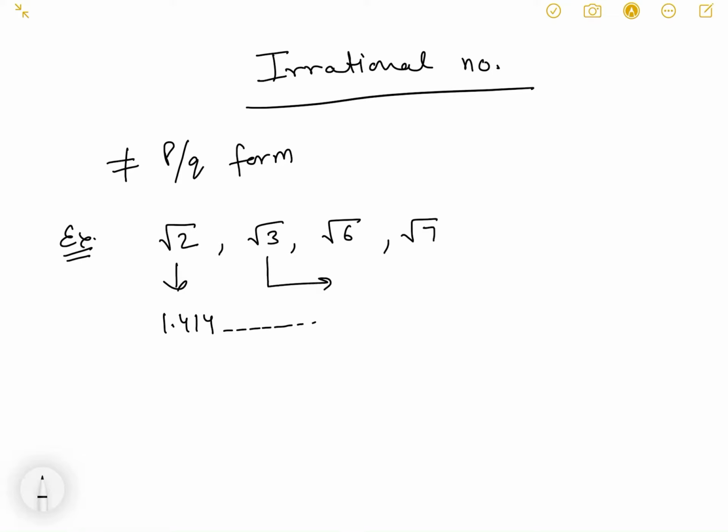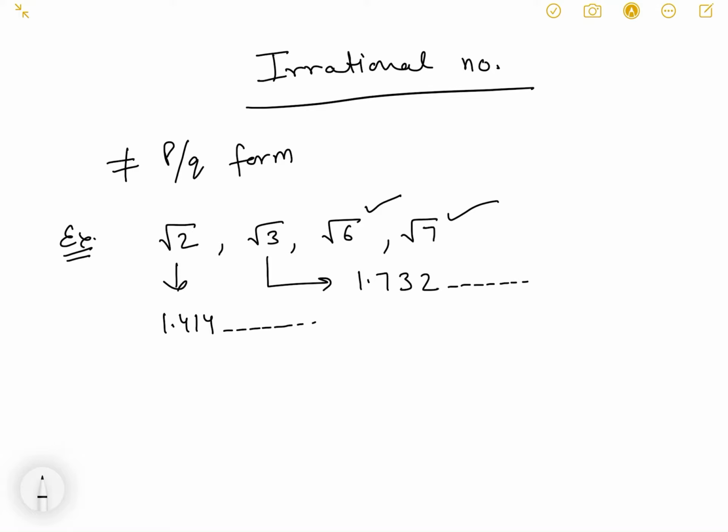And we have root 3, which has a value 1.732. It is also never ending and also not repeating. In a similar way, we have these values for root 6 and for root 7, which is also not repeating and not ending.